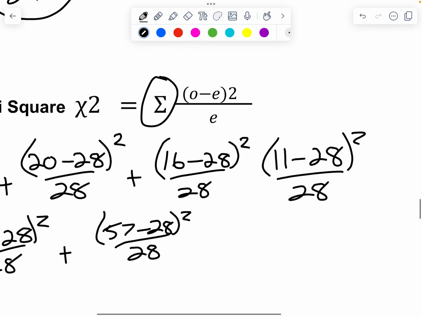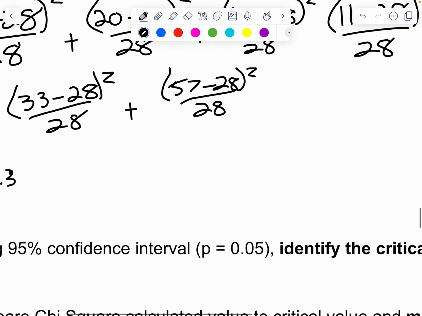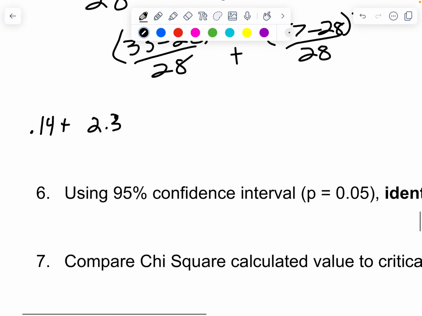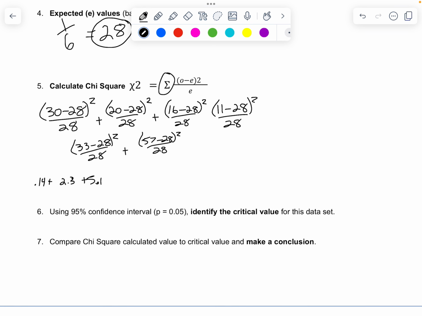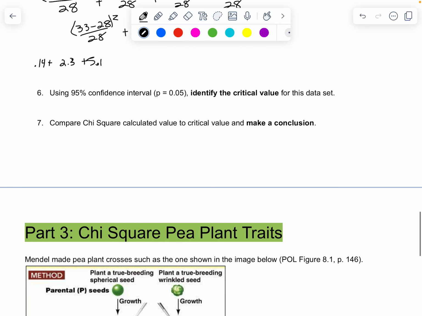Okay. 16 minus 28 is 12. 12 squared is 144. Divided by 28, 5.1. Eleven minus 28 is 17. 17 squared, 289, divided by 28, 10.3.